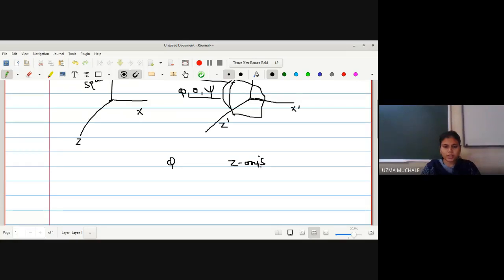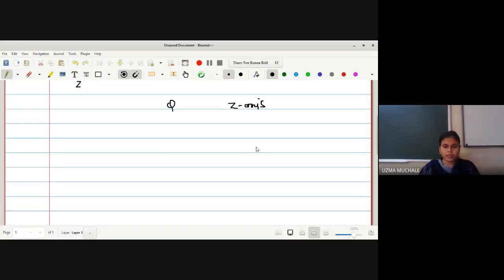Okay, this we have seen in the last lecture. How to find this out? We have to keep the z-axis as it is. z is equal to z1, as it is the first rotation.